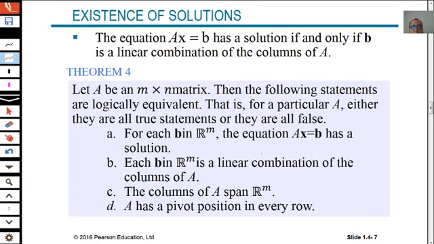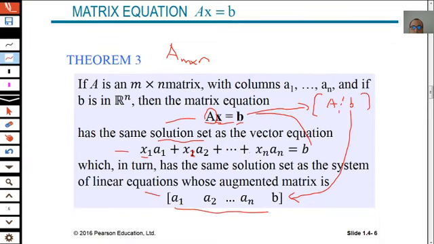And the equation Ax = b has a solution if and only if b is a linear combination of the columns of A, because Ax = b corresponds to the vector equation written here.